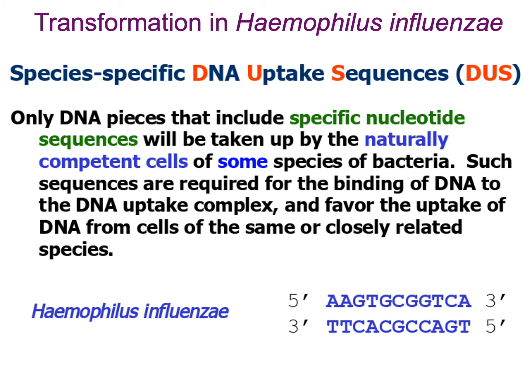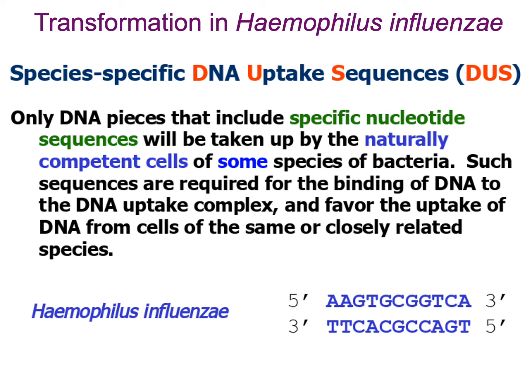Haemophilus influenzae takes up DNA from only closely related species, so it's basically different from S. pneumoniae where the binding process is random. The specificity of Haemophilus transformation is due to DUS, or species-specific DNA uptake sequences.